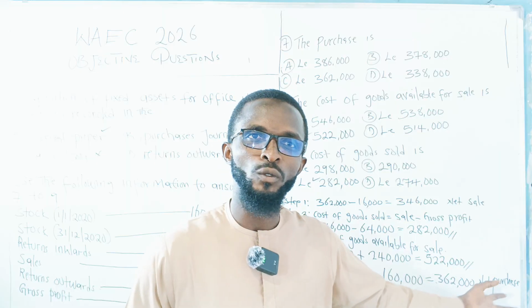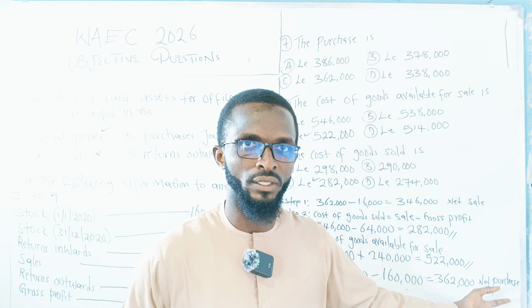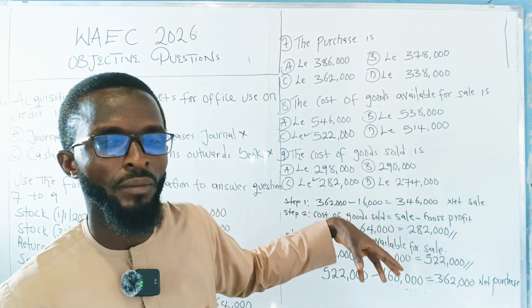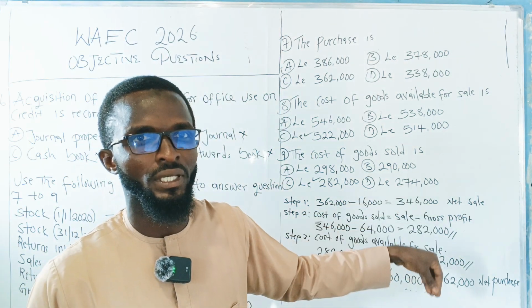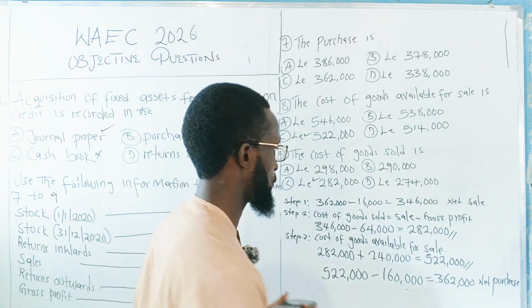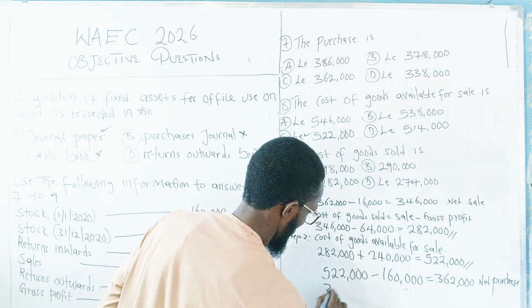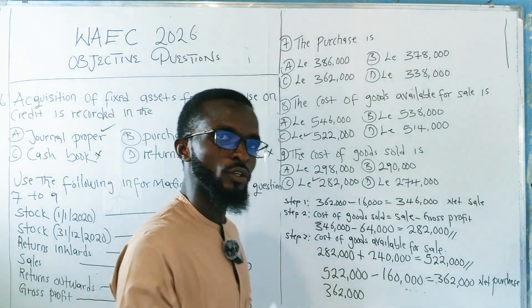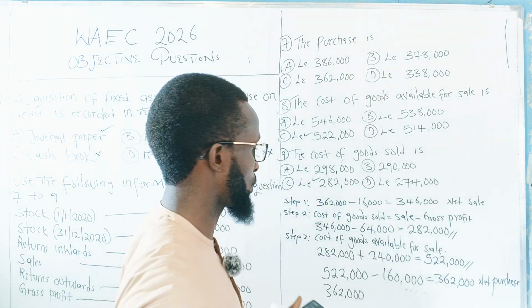The return outward has been deducted already. We have to put it back in order to determine our purchase instead of net purchase. So that's what we are going to do. This is our purchase, 362,000 lei. Then you bring back your return outward.